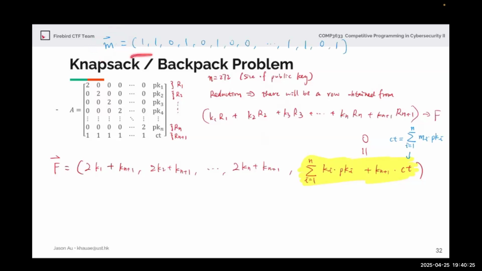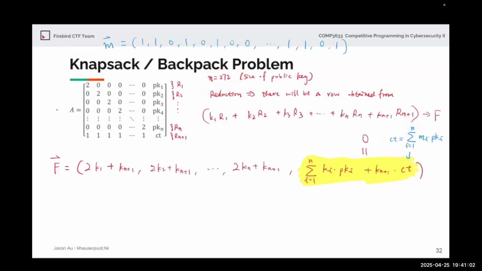So we will have this message vector here, and then the ciphertext is obtained from using the first element in the message vector times the first element in the public key, and then plus the second element in the message vector times the second element in the public key, and so on and so forth to the end, where the size of the public key is 272.